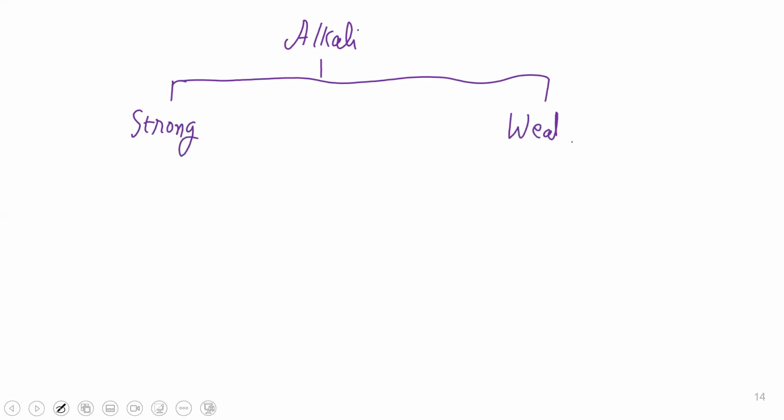When you enter a lab and you are dealing with an acid or a base, the first thing a professional instructor will tell you is: this is a strong acid, be very careful, a single drop should not touch you, otherwise it can cause a serious problem. So alkalis are similarly very dangerous, strong and weak, the same classification.